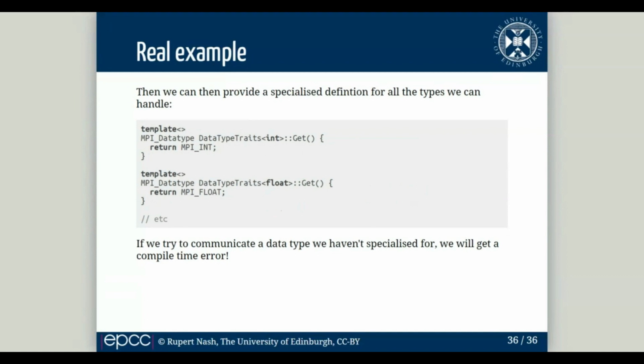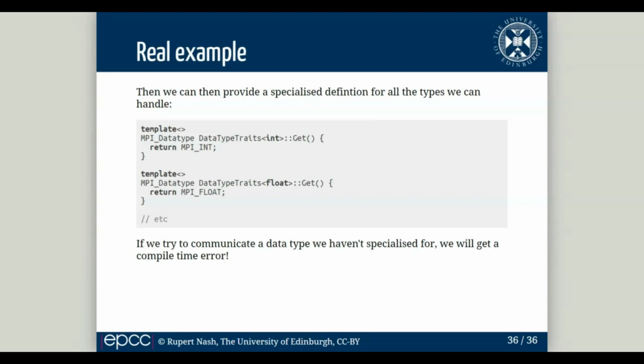Then, in order to do the implementation, we just specify a number of specific versions of this get function for a set of implemented standard types, in this case int and float, and they return their corresponding MPI types, MPI int, MPI float, to be able to communicate the data.